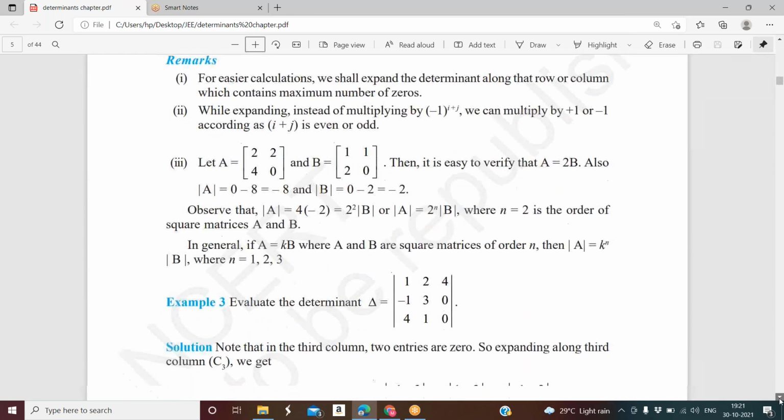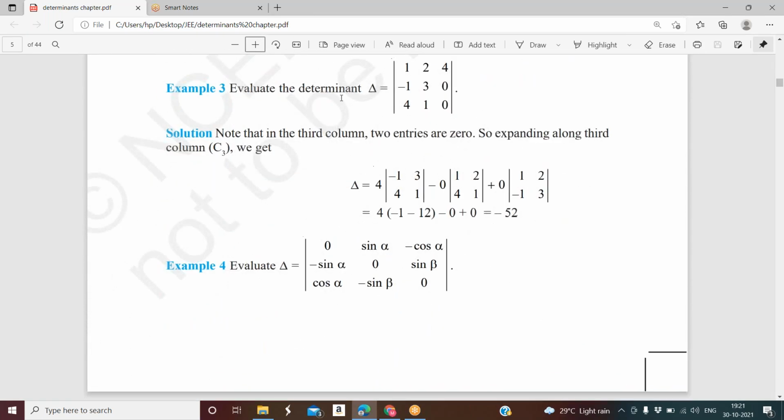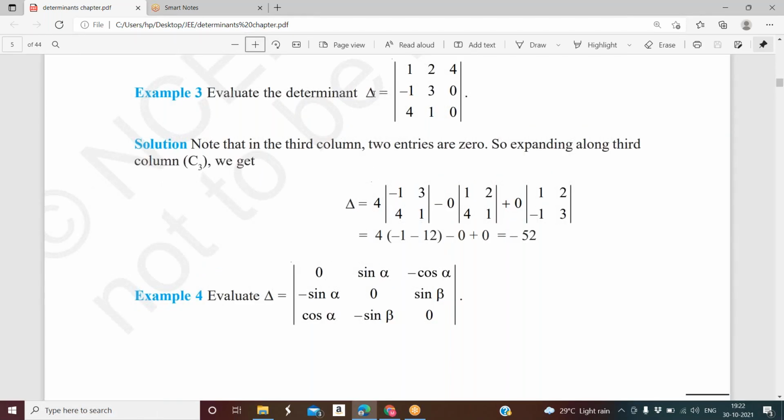Let's see some examples. Evaluate the determinant delta equals determinant 1, 2, 4, minus 1, 3, 0, 4, 1, 0. So we need to evaluate the given determinant.